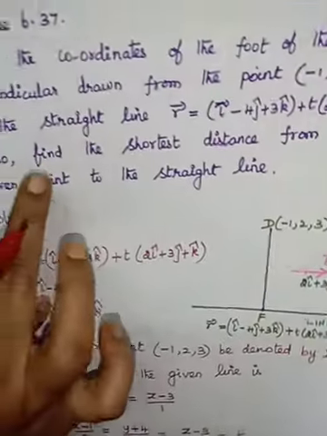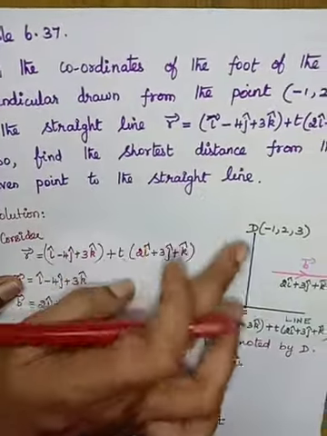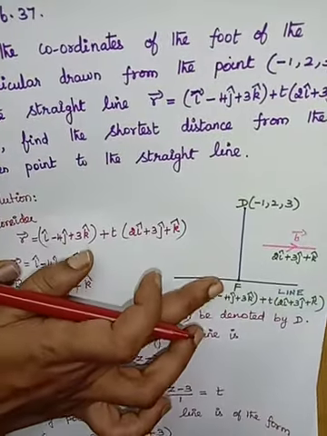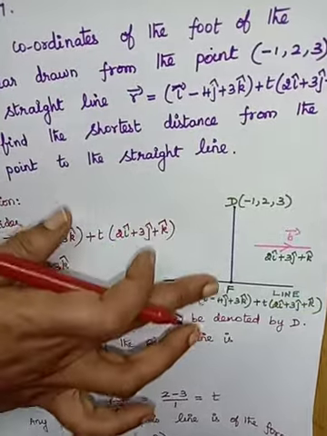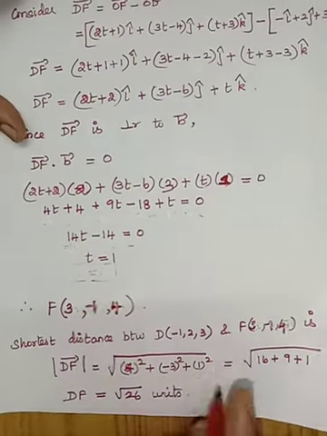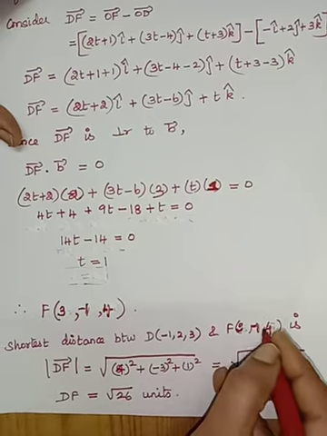And what is asked? Find the shortest distance from the given point to the straight line. This is the given point, which we have taken as D, and the F point we have also found. So you have to find the distance between these two points, the shortest distance between D and F. What is F? (3, -1, 4).